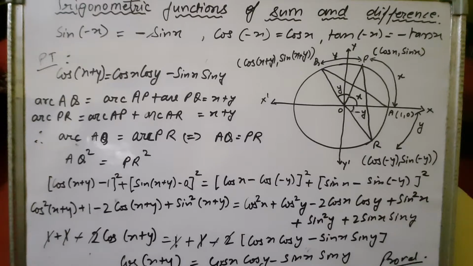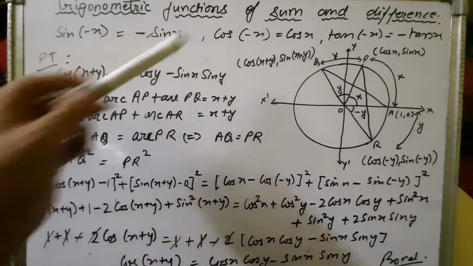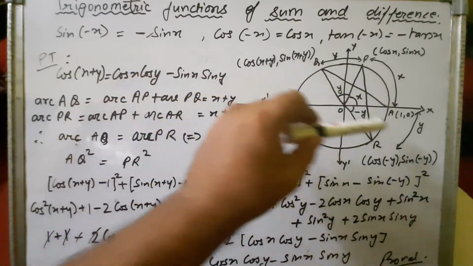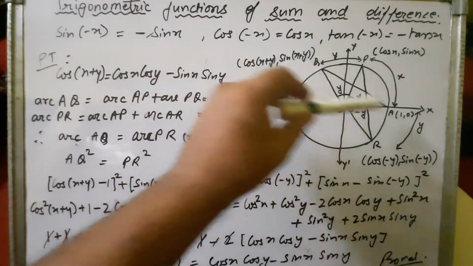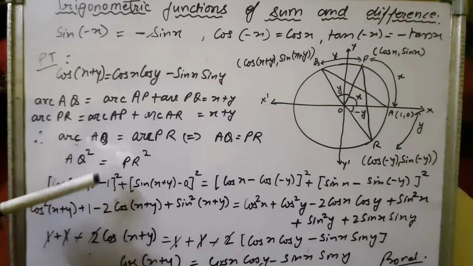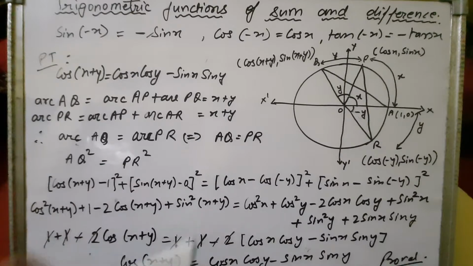That same formula I have applied here. If we calculate the length of AQ square, this is x1, y1, and this is x2, y2. So it will be cos of x plus y minus 1 to the whole square, plus sin of x plus y minus 0 to the whole square. Right? Understood? This is the length of AQ.